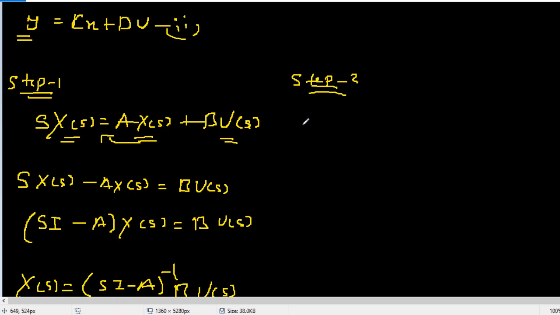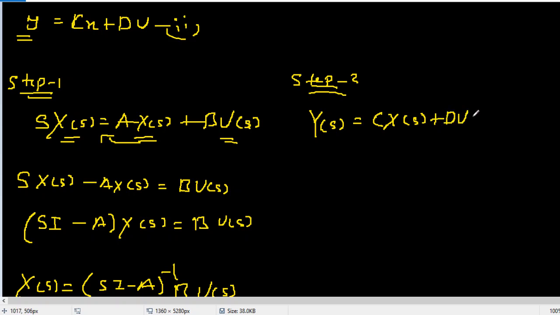Again we have to take the Laplace transform of this output equation. So for that, this equation will become C capital S, as we are converting this into the frequency domain. So this becomes something like that.